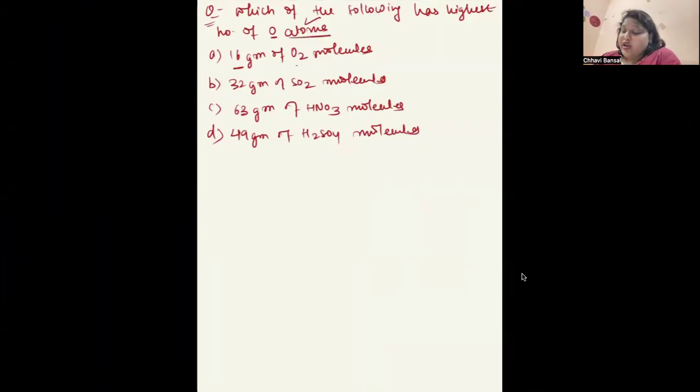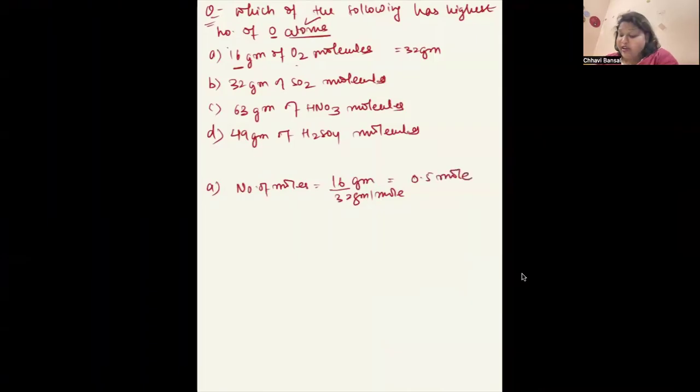Right now, let's consider we are given the weight of the molecules. So from A part, can I write number of moles equals 16 divided by the mass of O2? 32 gram per mole for the O2 molecule, which will give me 0.5 mole.